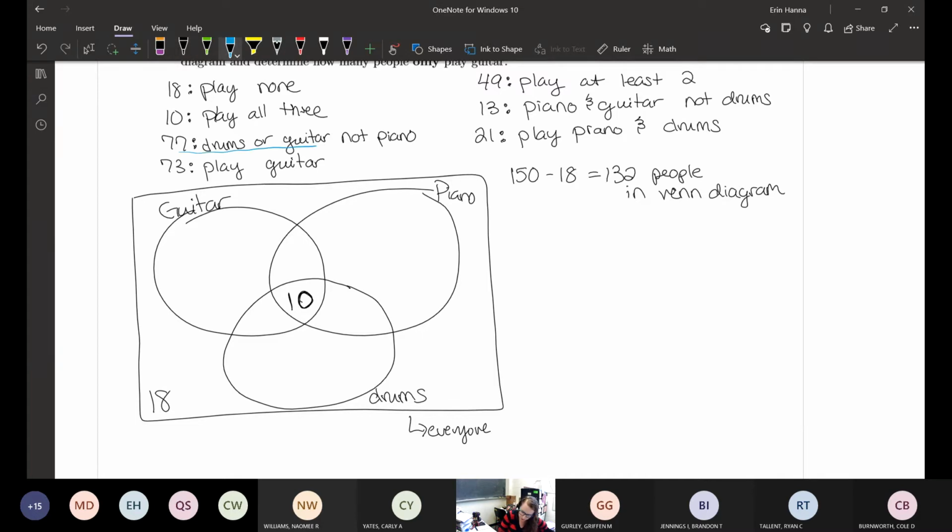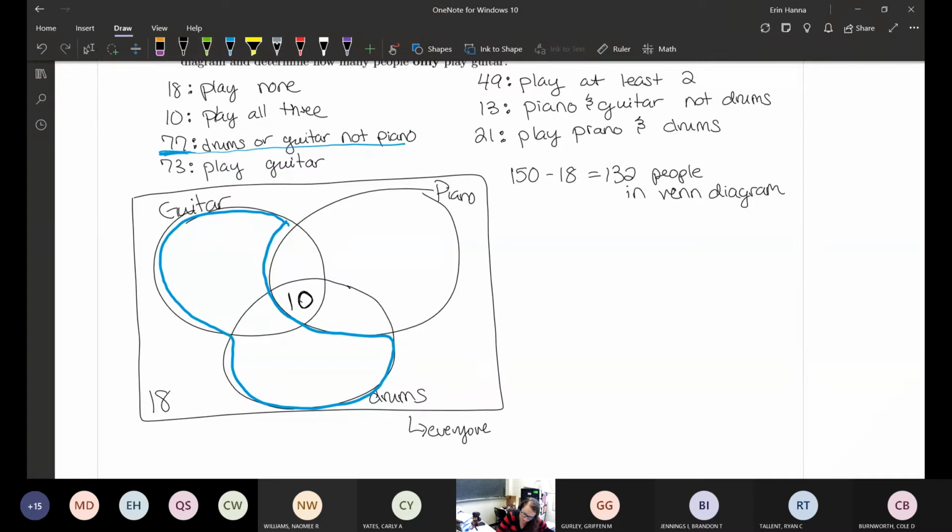So plays drums or guitar, but not piano. This 77 would be essentially the guitar or drums, but not piano. So those 77 people could end up anywhere between just guitar, just drums, or both. 73 people play guitar.